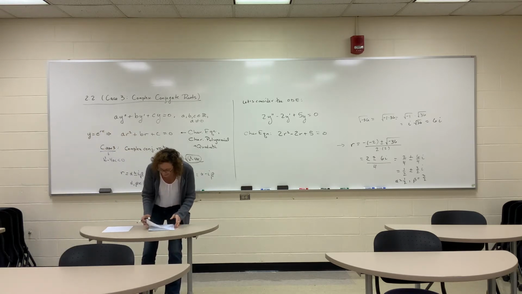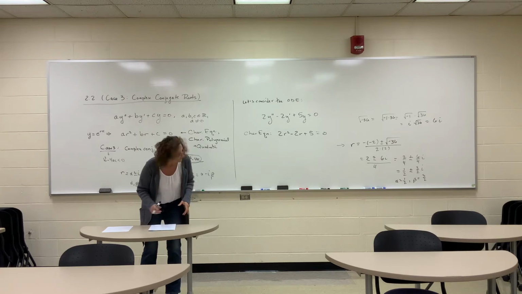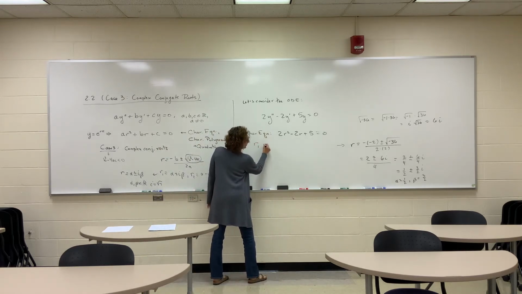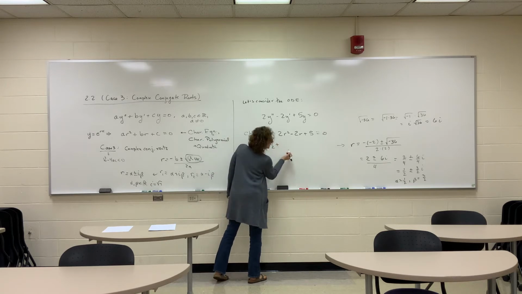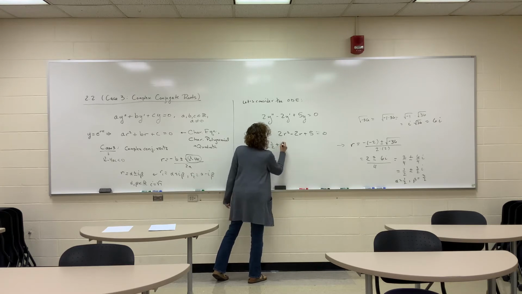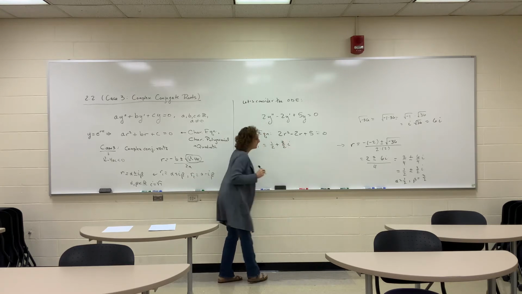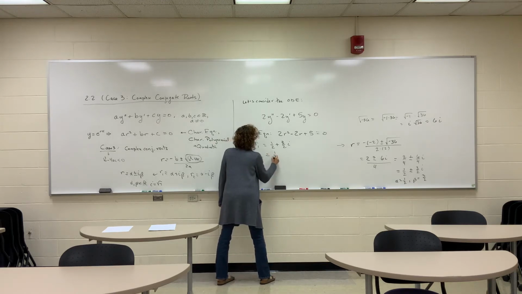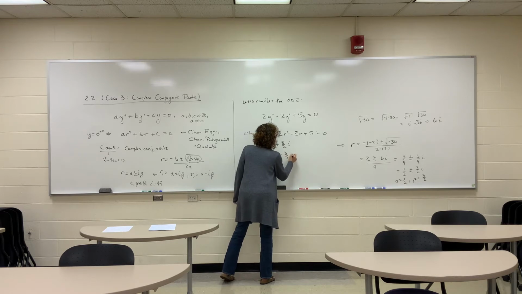So let's just write that down so that we see what actually happens. Our r1 is 1/2 plus 3/2 i, and our r2 is 1/2 minus 3/2 i, right?